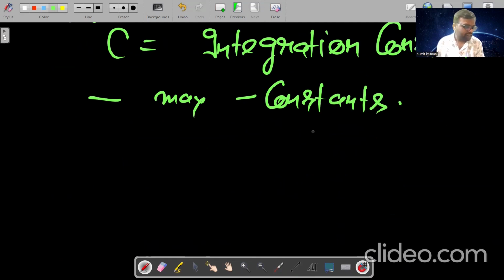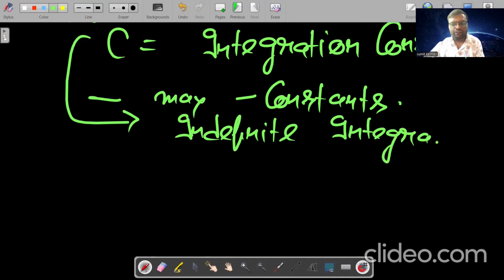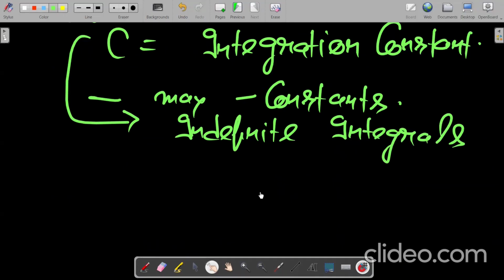And students, such integration which we are studying is called indefinite integrals. So students, let me give you one example.